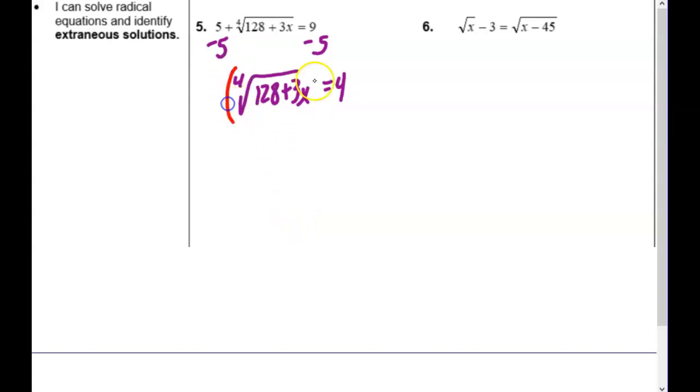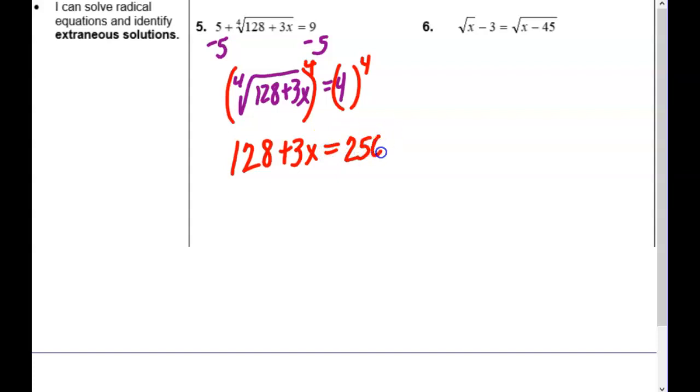What power do I have to do here, though? To the 4th. 256, can somebody check that? 4 to the 4th? Is that right? Okay, so then if I subtract 128, I think I get 128.